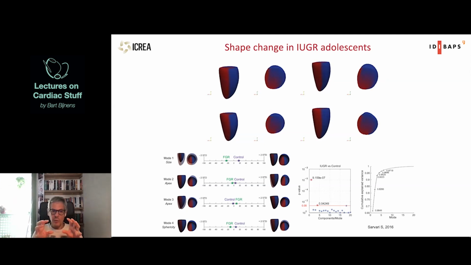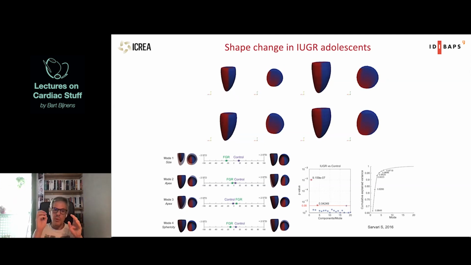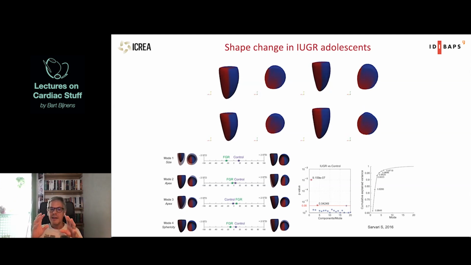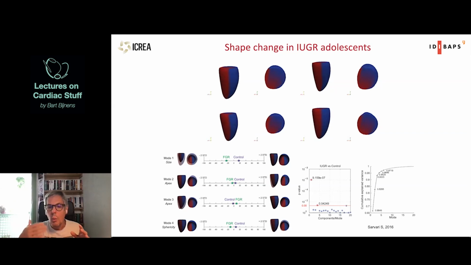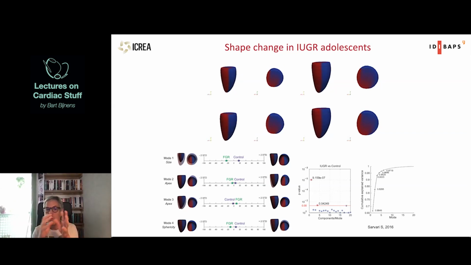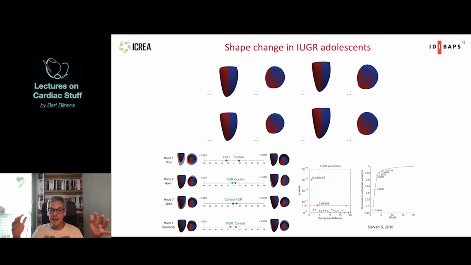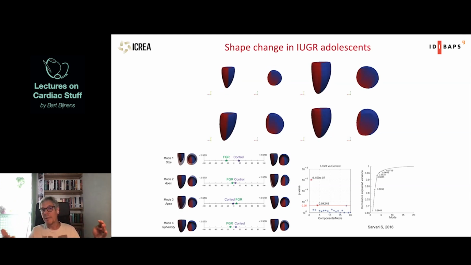If you have a very well-controlled population where all of them have the same type of loading, the same type of dynamics, then you can do statistics and look at the changes, and there will be predominantly one type of remodeling, or at least one combination, but always the same combination of the different types of remodeling. If you, however, are looking at a much larger population, a general population study, which of course includes some types of loading, or you look at heart failure patients, there are much more different ways of doing.